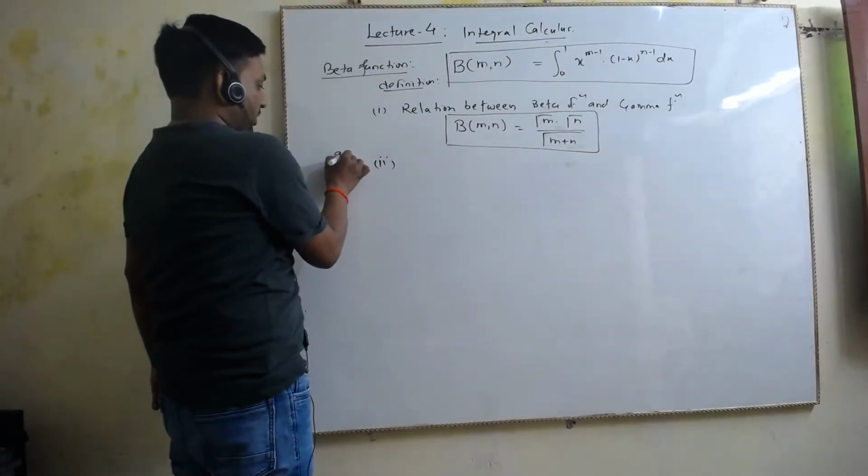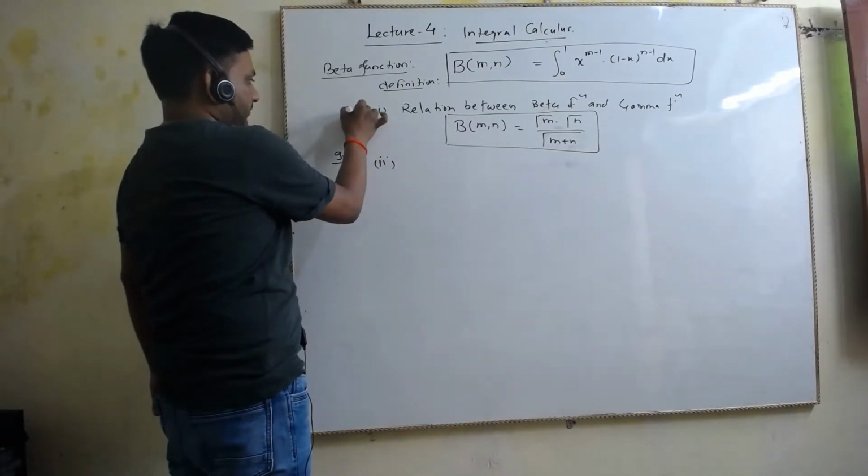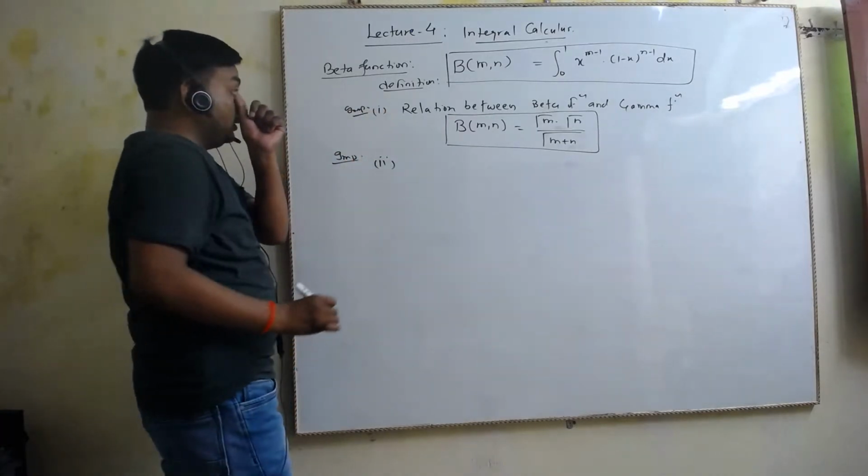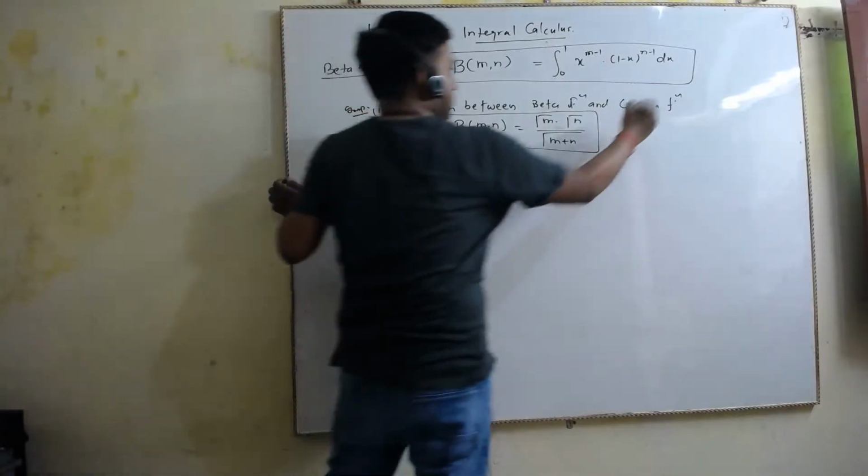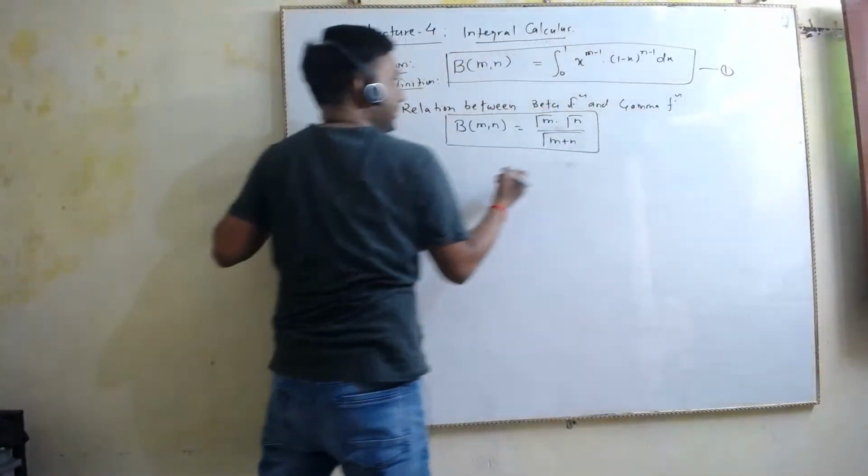The second thing that is a bit important here is this also. Suppose that this gives I 1.